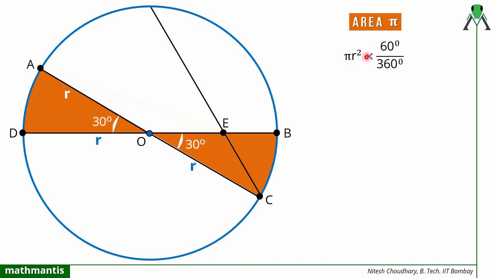We can add these areas to get pi r square times 60 degrees by 360 degrees. 60 by 360 gets cancelled to one sixth. This is pi r square by 6. So we know that the value of pi r square by 6 is given to be equal to pi. So from here we can see that pi r square will be equal to 6 pi. That is nothing but the area of the circle which we have to find. So this is the solution to this particular question.